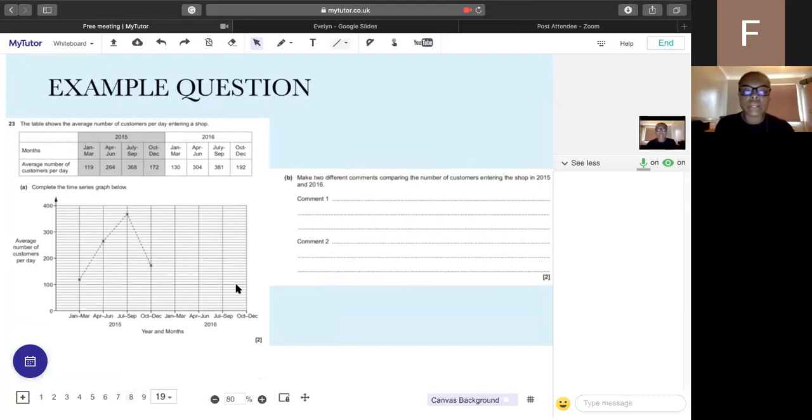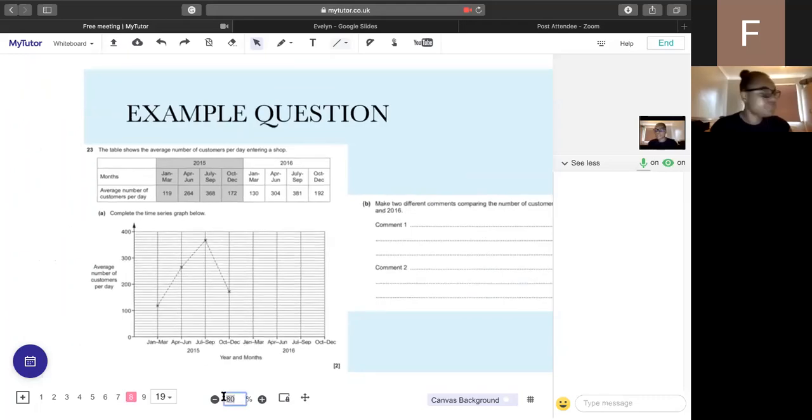They want us to first complete the time series graph. So all we have to do is plot the frequency for each time period, and draw lines between each of our points. So let's zoom in here as well.